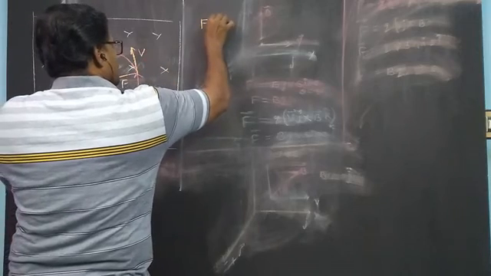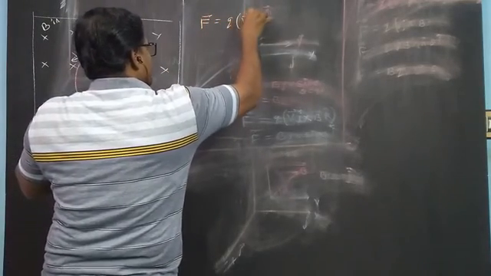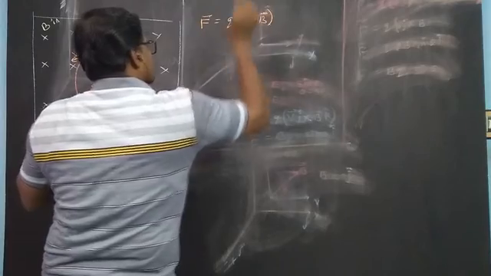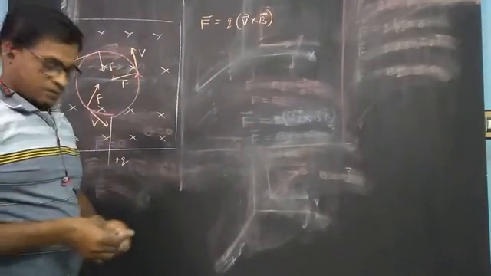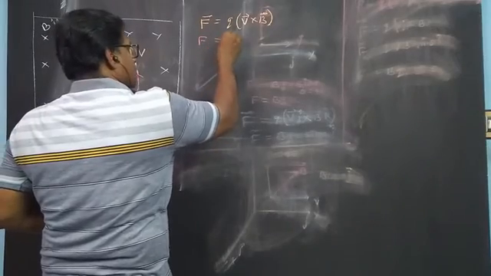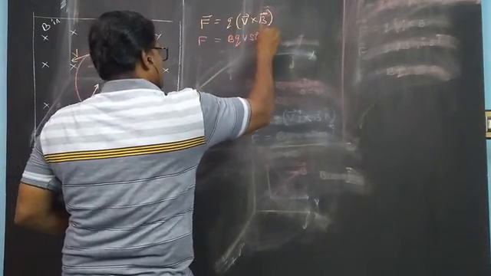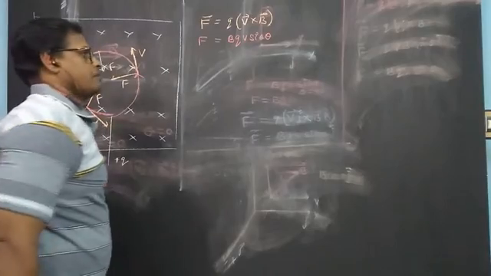The Lorentz force is given by Q into v cross B. But the magnitude is F equal to BQV sin theta.